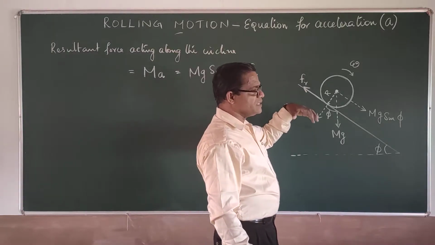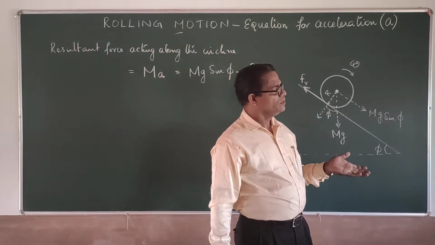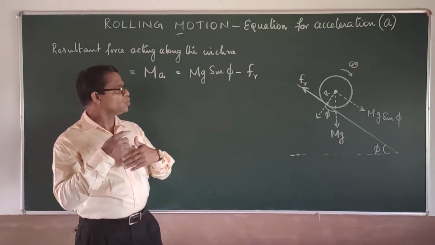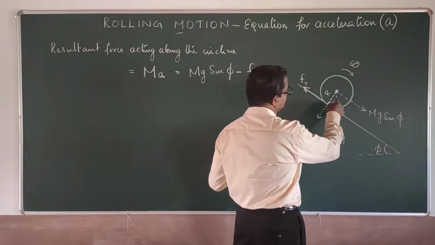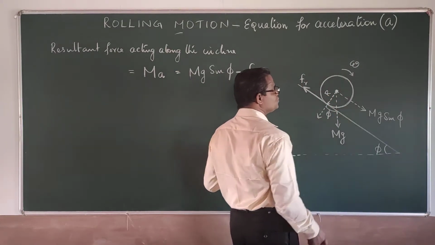Now, as we are considering the rotation and also translatory motion, we have to bring this Fr in terms of rotational motion. From this figure, we can find that there will be a torque acting to rotate this one.